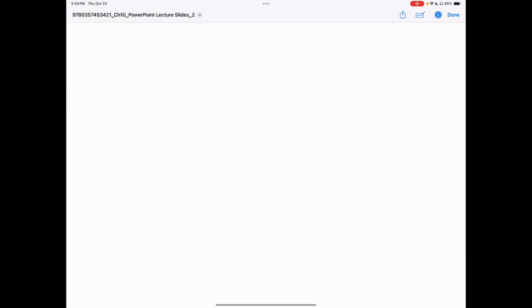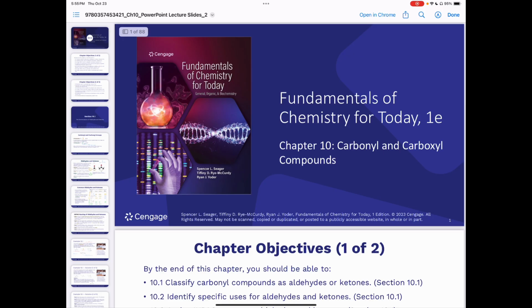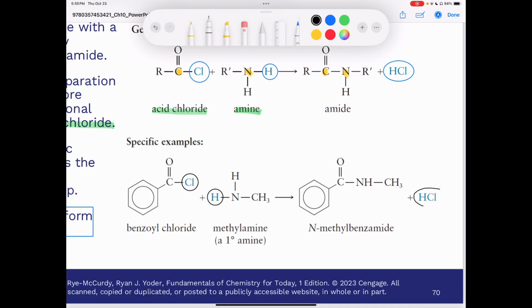And they did that because those are the atoms that form our HCl. So again, to draw your amide, you connect the carbonyl carbon with the nitrogen of the amine, and there you go. There's your amide. And so in this case, it would be N-methyl because we have a methyl group attached to our nitrogen, N-methyl benzamide.